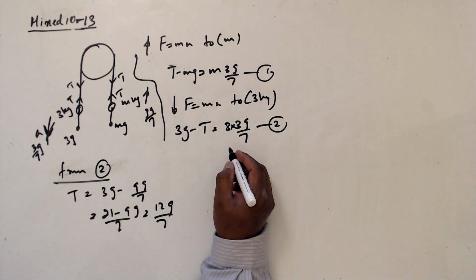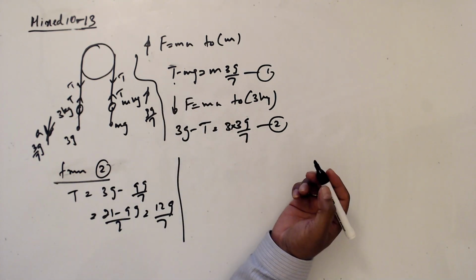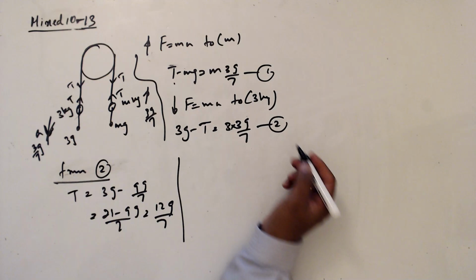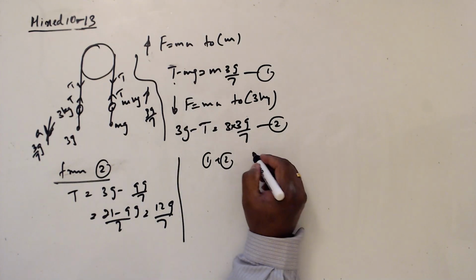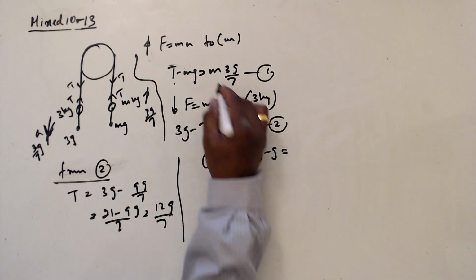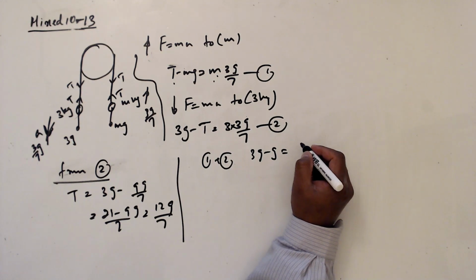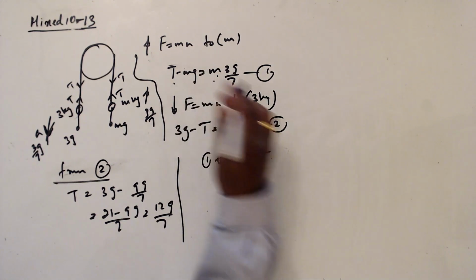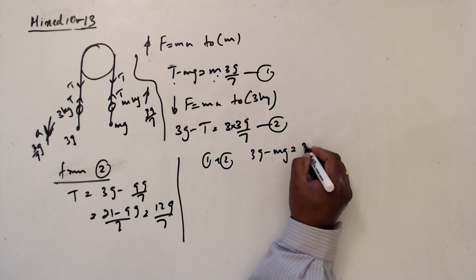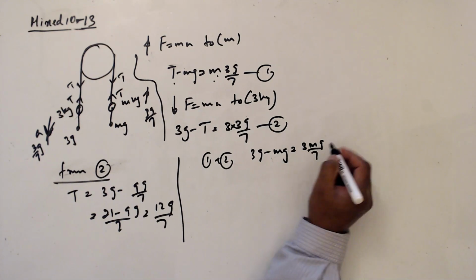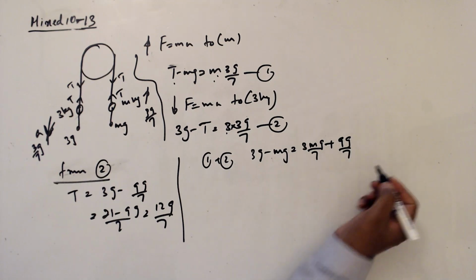I can substitute or I can add, I can do both together actually. So I will add 1 plus 2. Then this is going to be 3g minus mg equals 3mg over 7 plus 9g over 7.